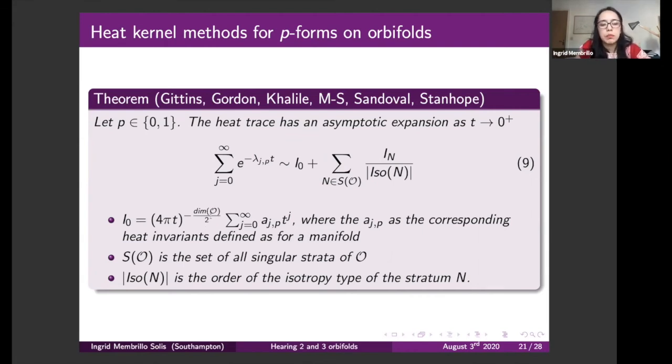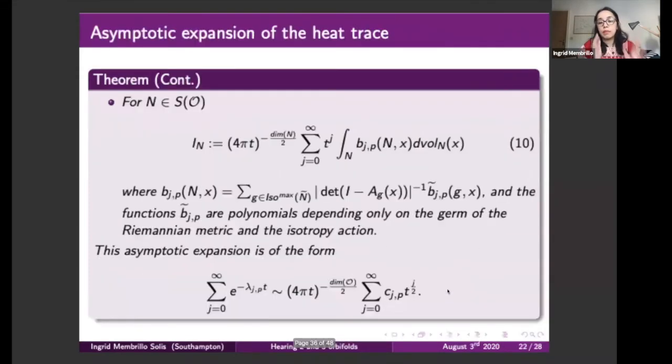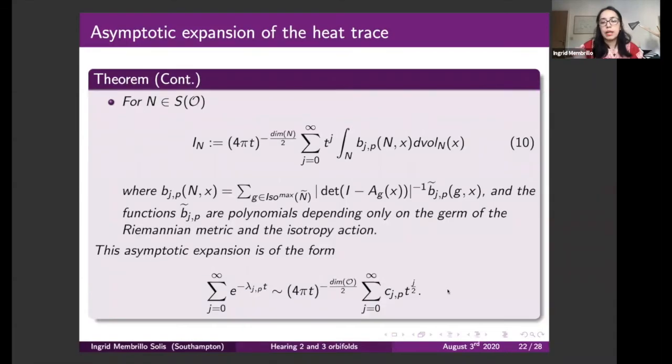So if we think about the orbifold just being a manifold, then if it is odd dimensional or even dimensional, we will have either integer powers or half powers of t. But in the case of an orbifold, we might have mixed powers. So just noticing this, we can understand why this parity theorem holds.